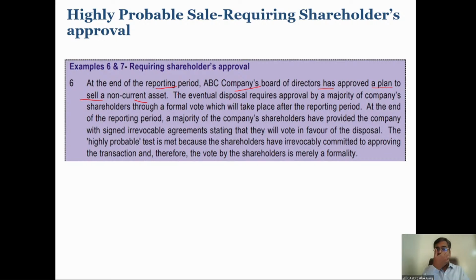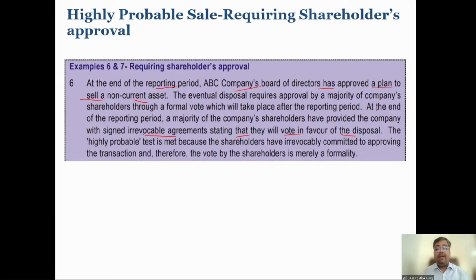So friends, the board has approved a plan to sell. But the actual disposal will require approval of the company's shareholders through a formal vote, right? Which will take place after the reporting period. At the end of the reporting period, a majority of the company's shareholders have provided the company with a signed irrevocable agreement stating that they will vote in favor of the disposal.